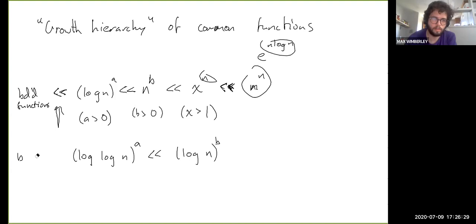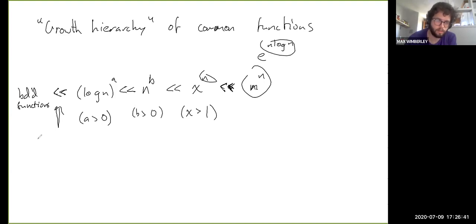That really just follows from the fact that log is asymptotically much less than powers of n, right? So log of n to the c maybe goes in between here, and you can just keep adding more and more. This becomes an infinite chain of functions, but a few basic rules about how these functions compare to each other give you a way to assess which functions will asymptotically grow much faster than others.